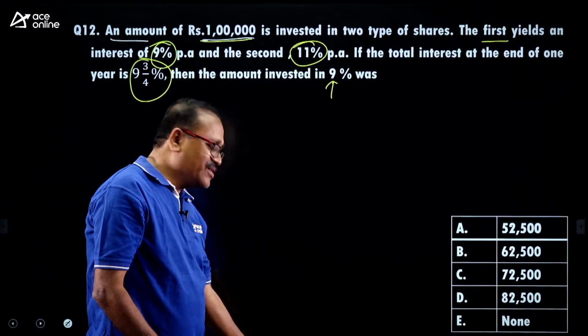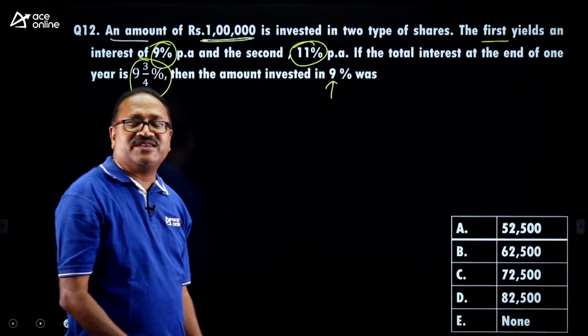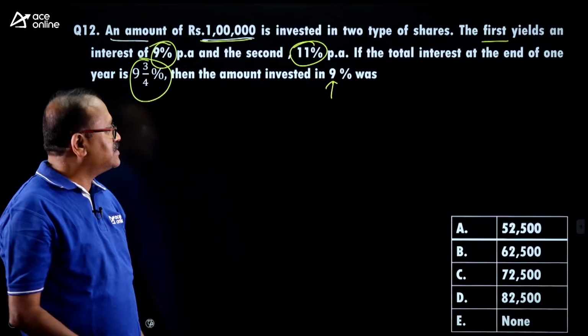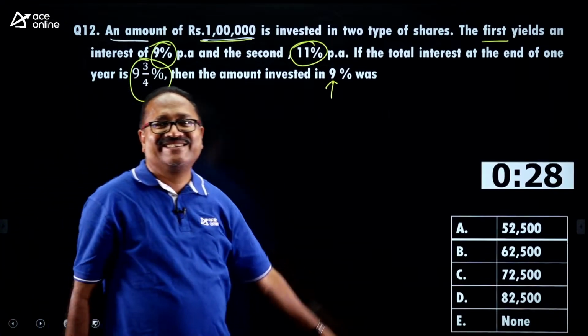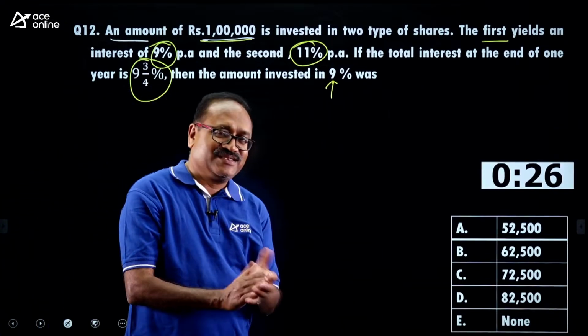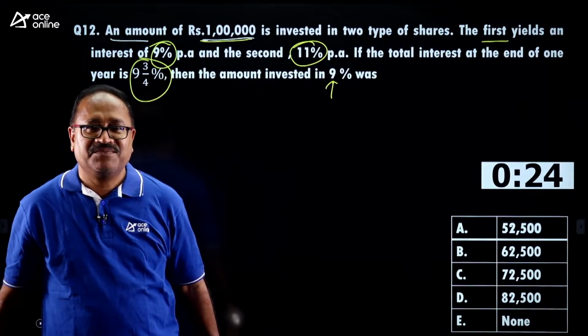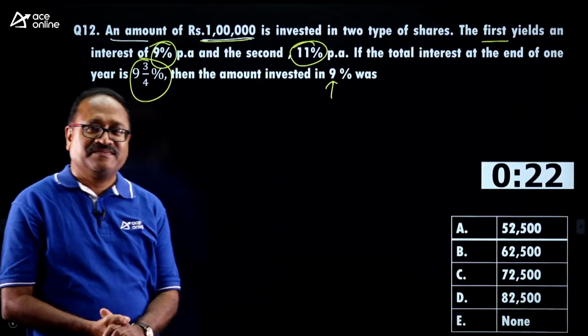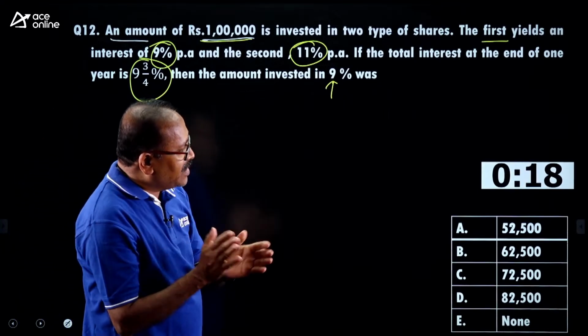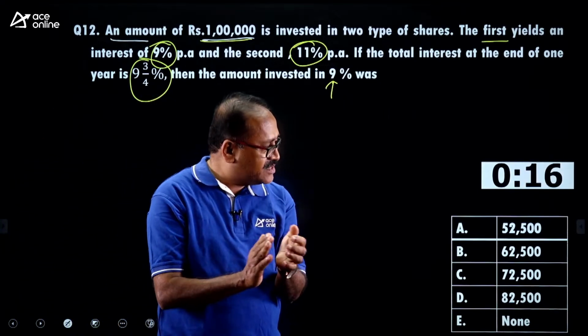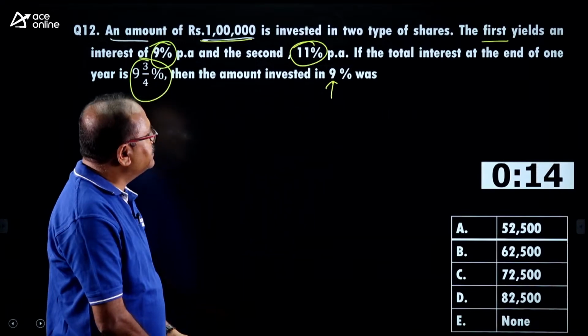So use the alligation mixture method. This is the last question of this day, and your 30 seconds starts here. Come on, my friends, try it. I'm sure you can answer it. Some of you will definitely be able to answer the question. 17 seconds, 16 seconds.